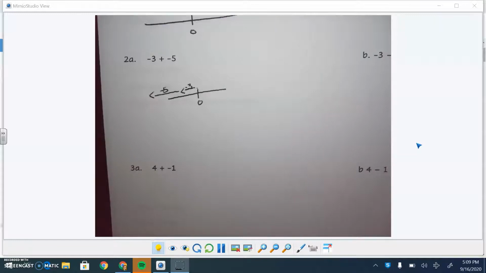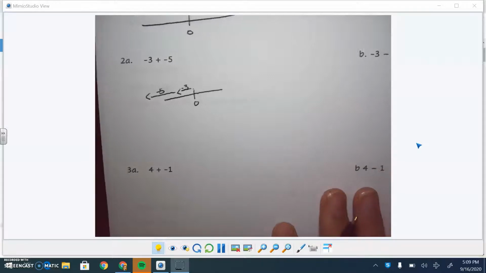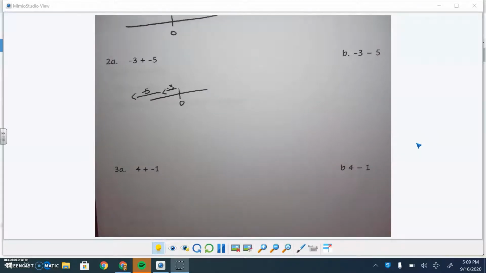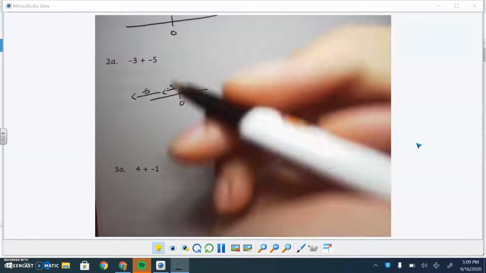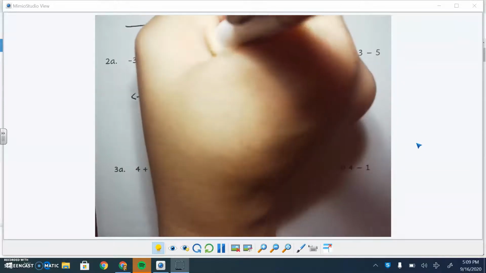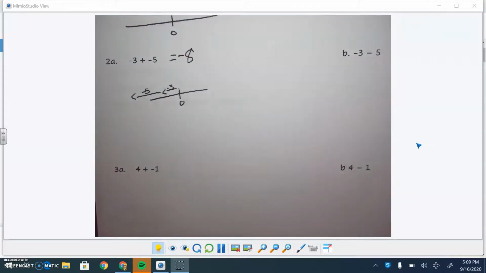And following our integer rules from before, we know that -3 plus -5 means we have to add those numbers together. When we add those numbers together, we get 8. And because both signs are negative, our answer is going to be -8.